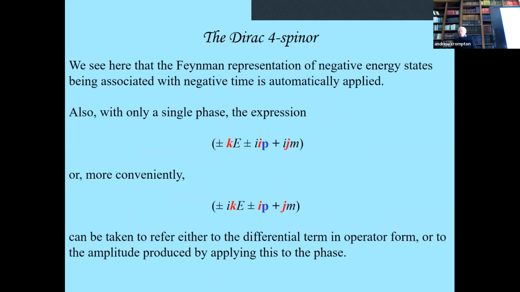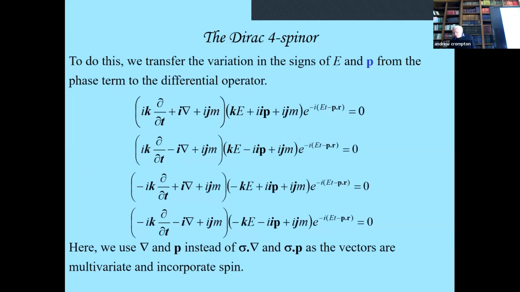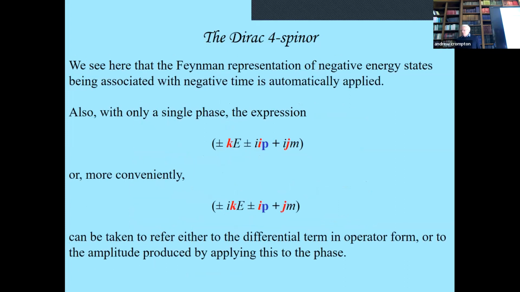So we've got the Feynman representation of negative energy states associated with negative time there. If you look at that, negative time, the opposite time, you get the opposite energy. And so with only a single phase, you get that expression. However, I'm going to make it a bit more convenient because I'm also going to multiply it by I, minus I, in fact, and get rid of some of that variation.